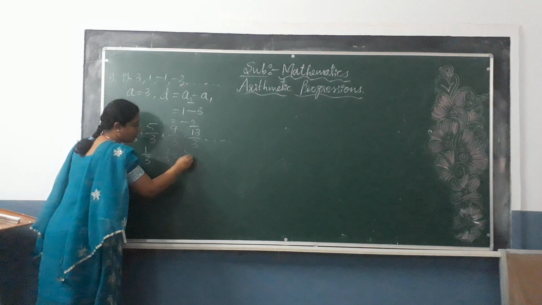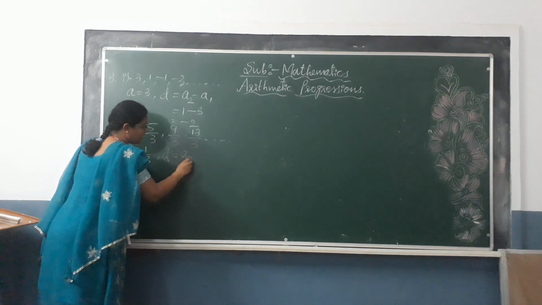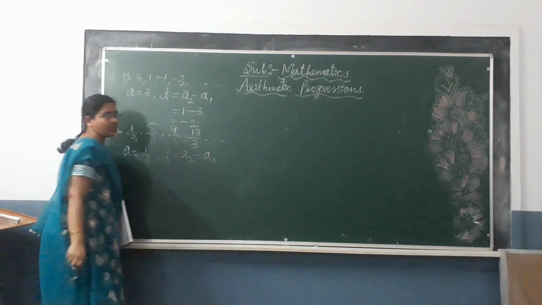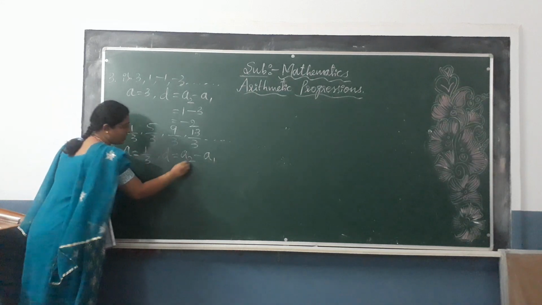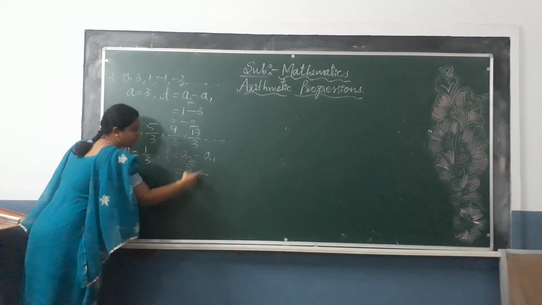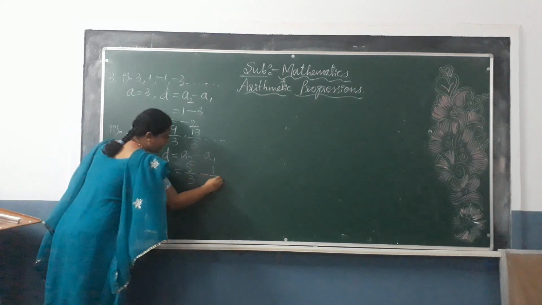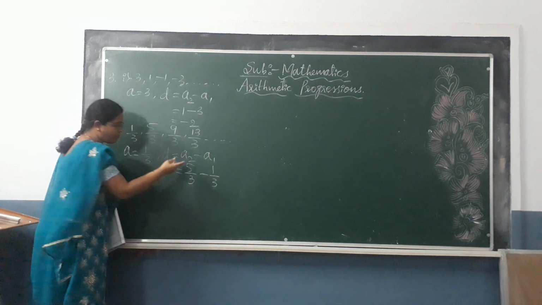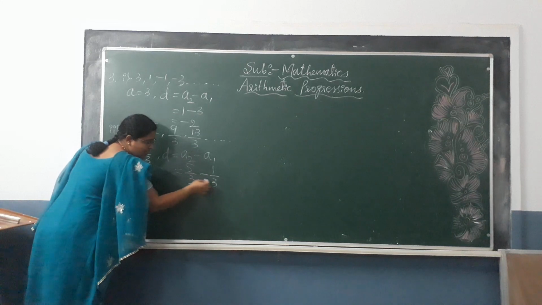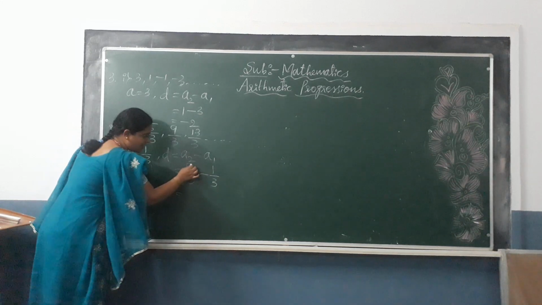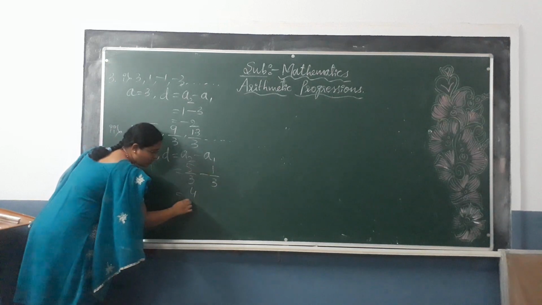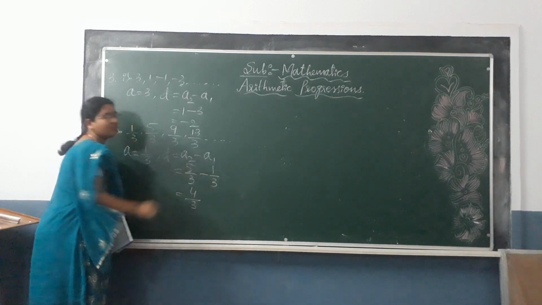D equals second term A2 minus first term A1. This is equal to second term 5/3 minus first term 1/3. Subtract these two. Denominators are the same, so easily we can subtract the numerators. That is 5 minus 1 is 4, divided by 3.